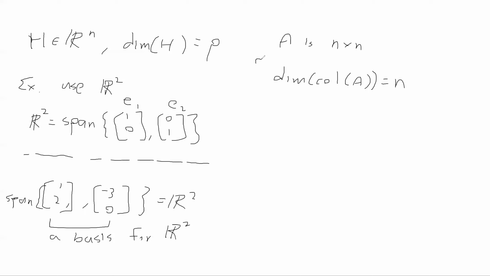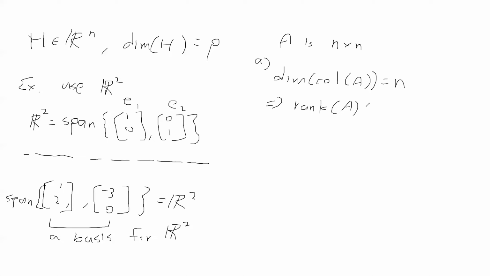This is what part A is saying. If the columns of A form a basis for Rn, that means we need to use all of them, right? I need to use every column to span Rn. And remember what the dimension of column space is? It's rank, right? So what A and D are saying, they're the same. They're saying the same thing.